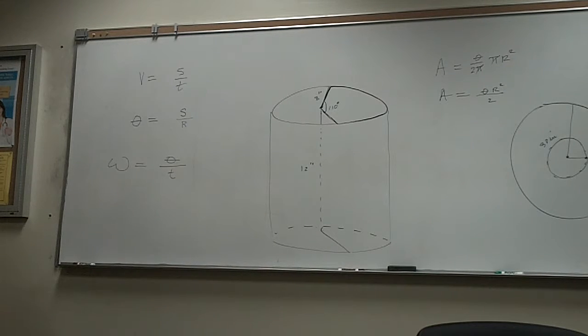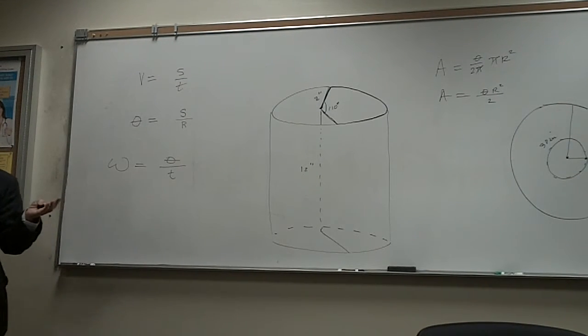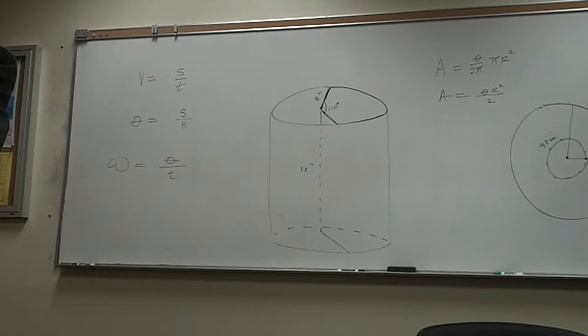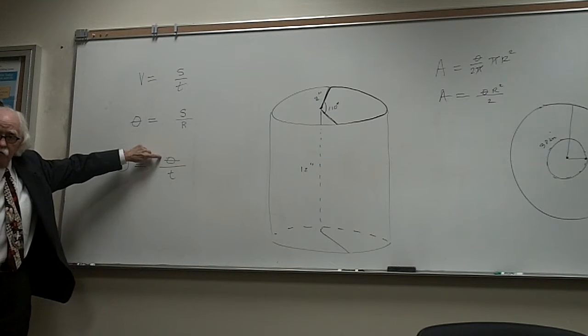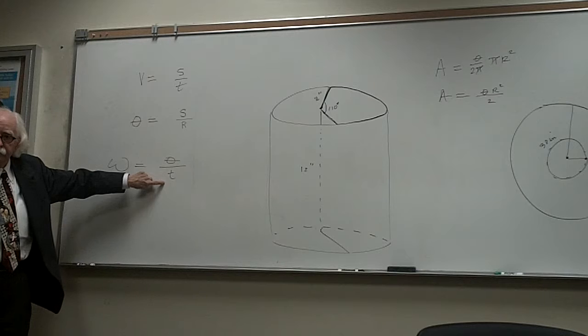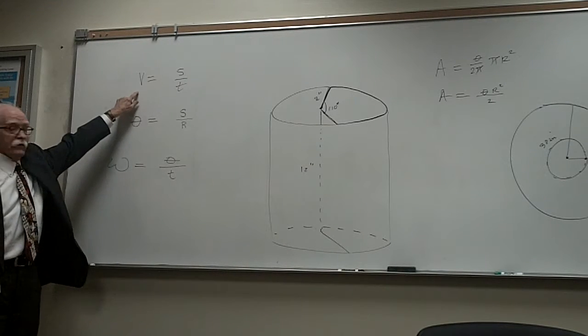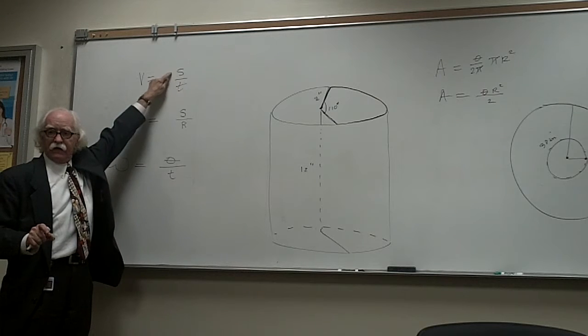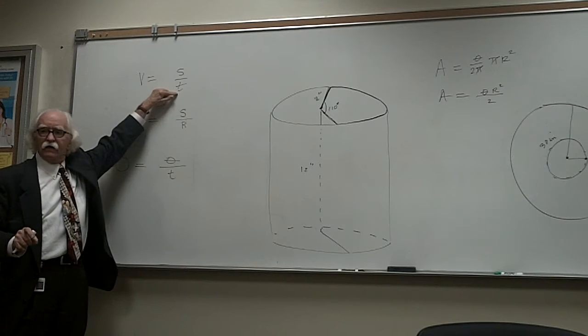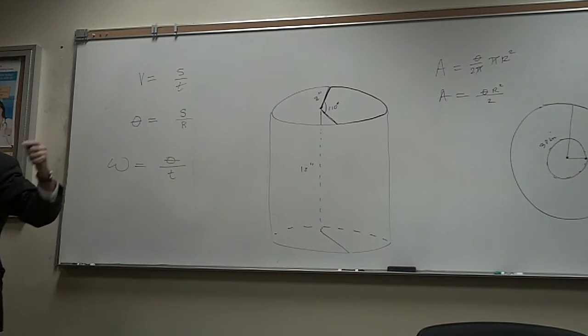Angular velocity is measured in so many rads per second. Okay. Linear speed is so many inches per second, feet per second. Right? We've always done it that way.